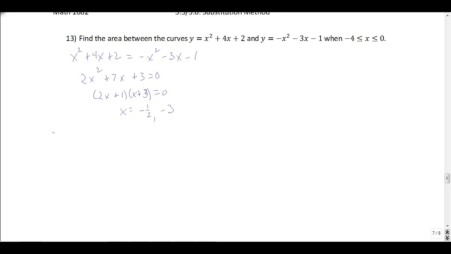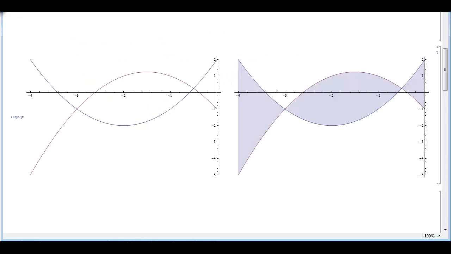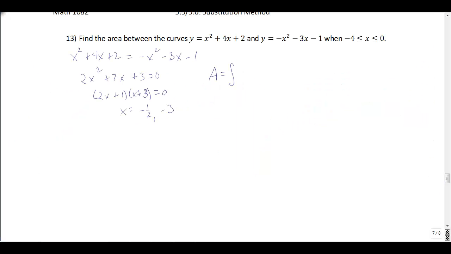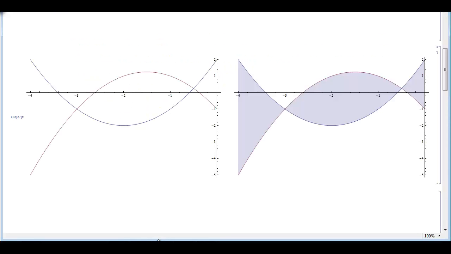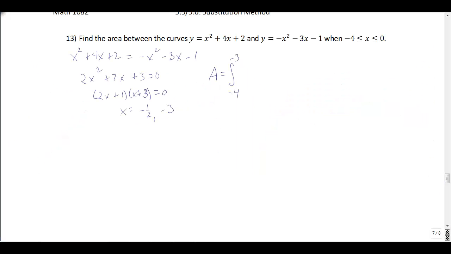And now what I'm going to get here is my area. I'm actually going to have three different definite integrals. So I'm going to have to do a definite integral for this left shaded part, a different one for the middle, and a different one for the far right. The reason I need different integrals is because the top function changes, which effectively makes my integrand the negative of what it was before. So first one, I'm going to go from -4 out to -3. And in that first bit, the top function is the positive x squared parabola, the upward parabola.